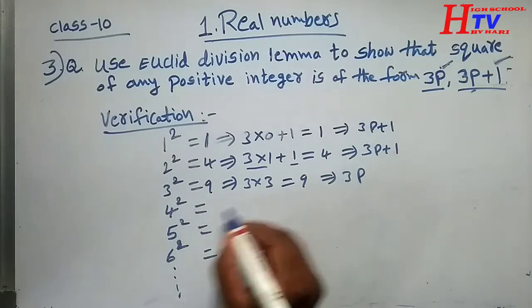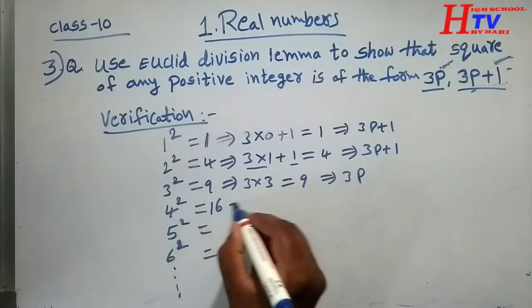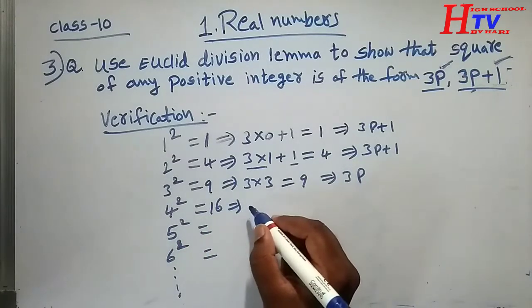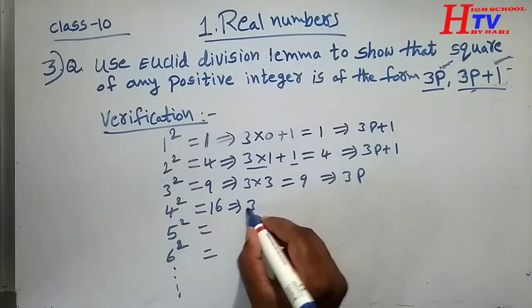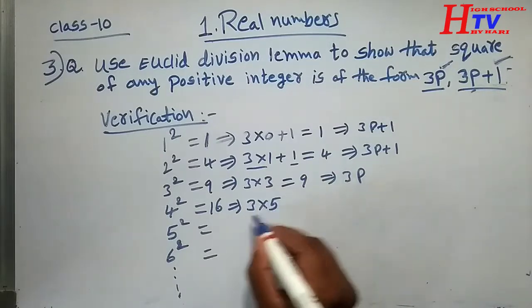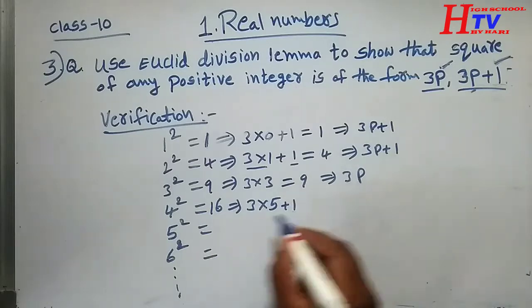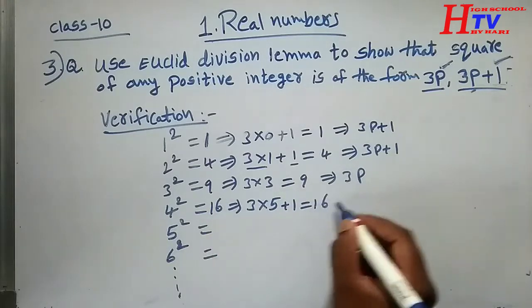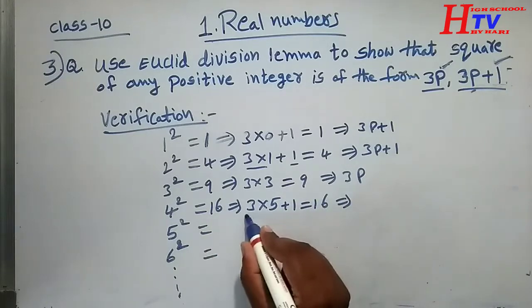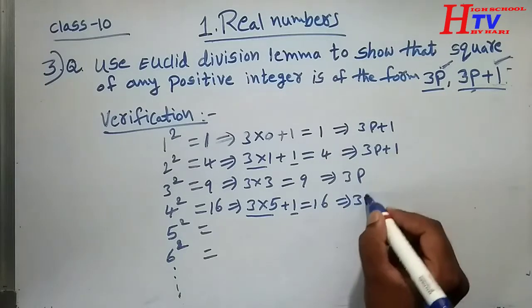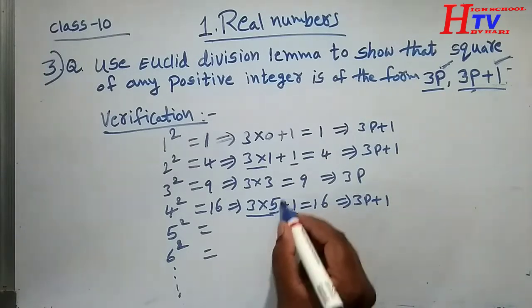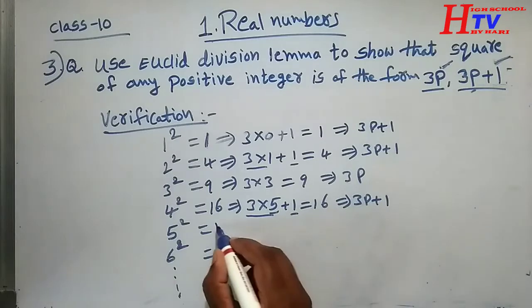4 square is 16. It is 3 into 5, 3 fives are 15, plus 1, total 16. It is in the form of 3p plus 1, where p is an integer. 5 square is 25.